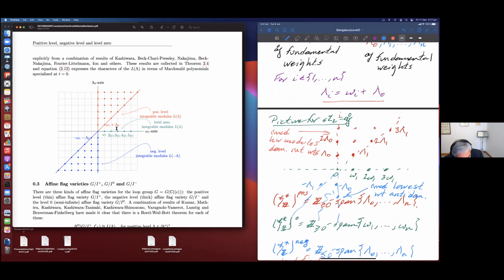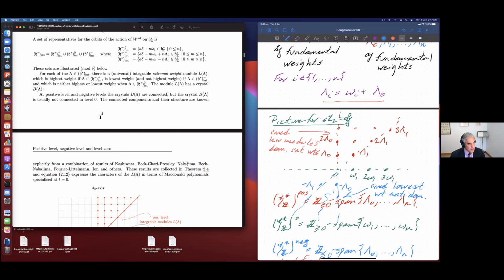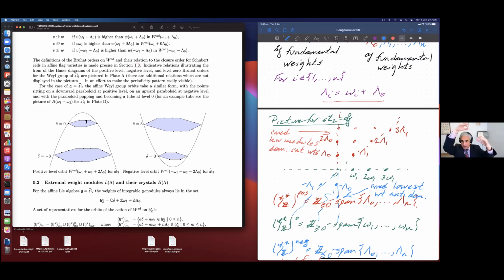And if you are in affine type, your highest weight module is not a lowest weight module. There's a beautiful picture: in affine type, the highest weight module looks like a parabola like this with something at the top, which makes it highest weight, but it extends infinitely downwards. On the other hand, the lowest weight module has something at the bottom, and then it extends infinitely upwards.